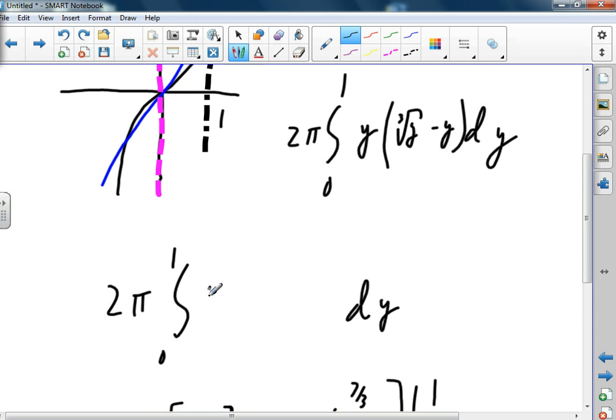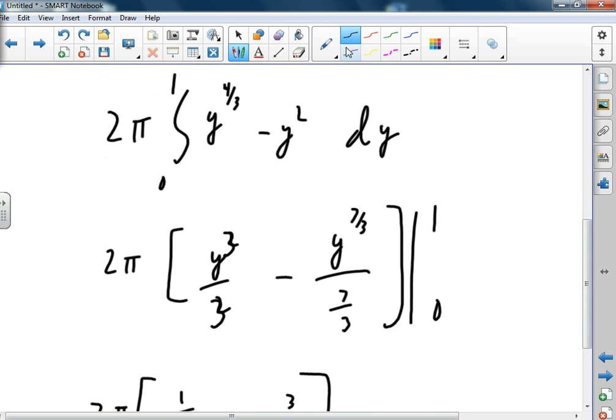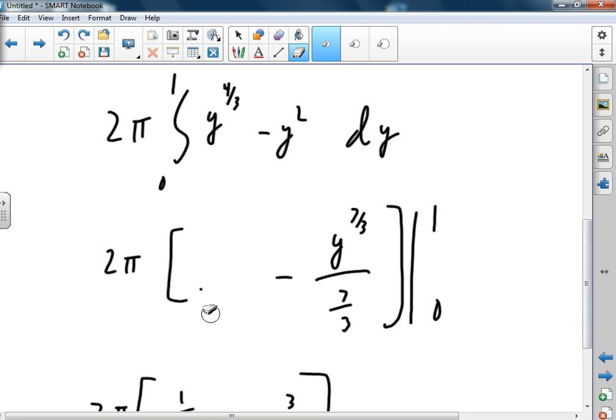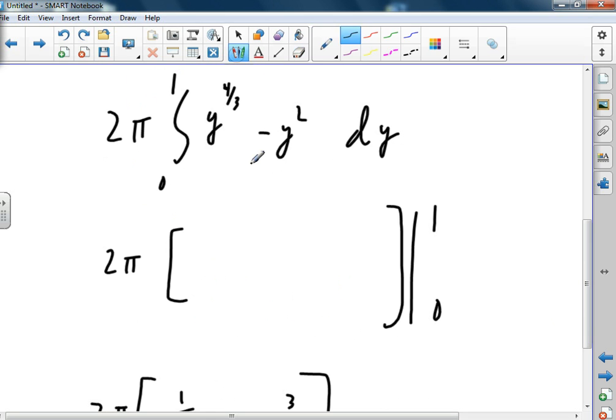And that's y to the 4/3 minus y squared. And this becomes y to the 7/3 divided by 7/3 minus y cubed over 3.